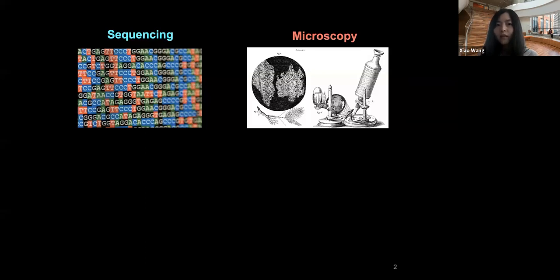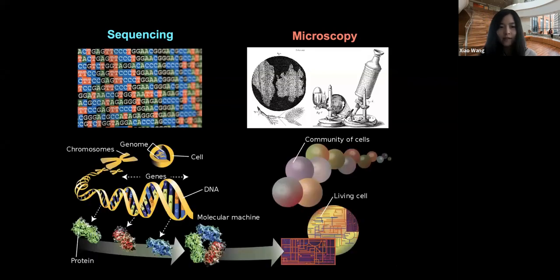But traditionally, those two types of measurements usually happen in two different samples, because when we do sequencing, we always need to purify DNA and RNA from the tissues. So there's a disconnection if we want to link genetic information with morphological information.